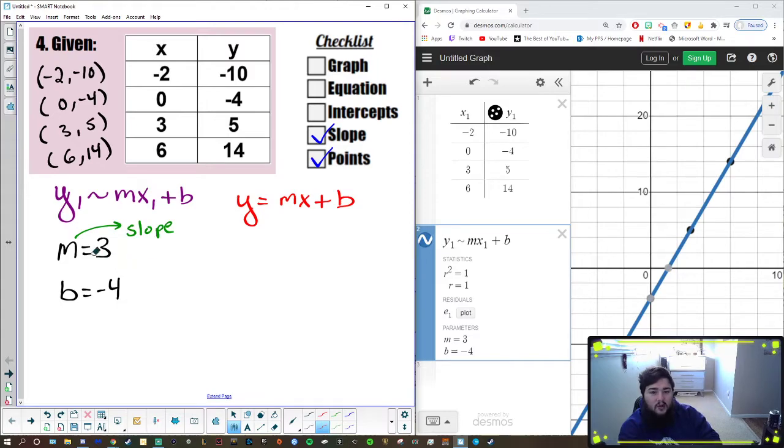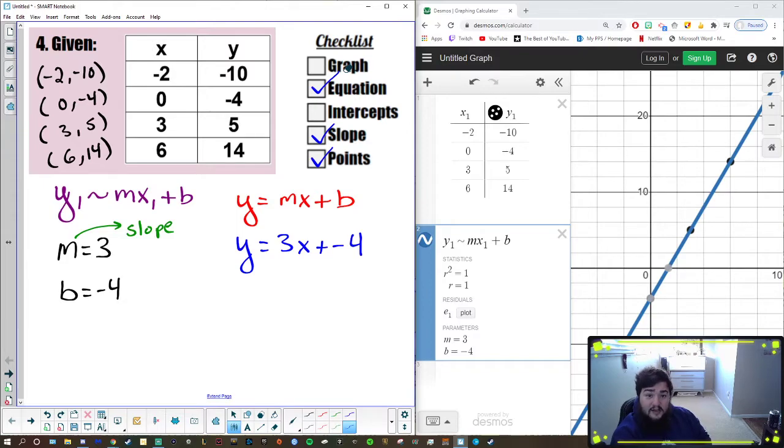I'm going to plug in 3 for m and -4 for b. When I do that, I get y = 3x + -4. If you want to be super awesome, you could also write this as 3x - 4. But if you want to keep it plus -4, that's awesome too. We have our equation. Let's check it off.